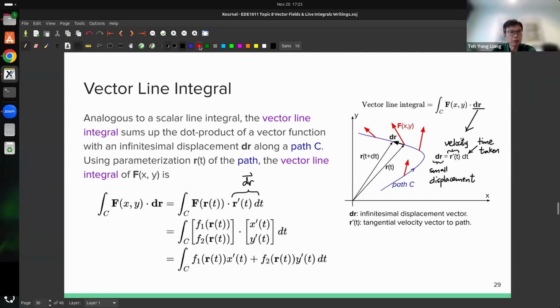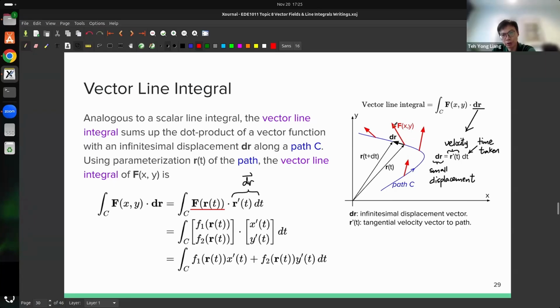So this will be your vector F. But because r of t is always pointing to the path, and you are interested in taking the dot product, you want those arrows on the path to dot with the displacement vector.